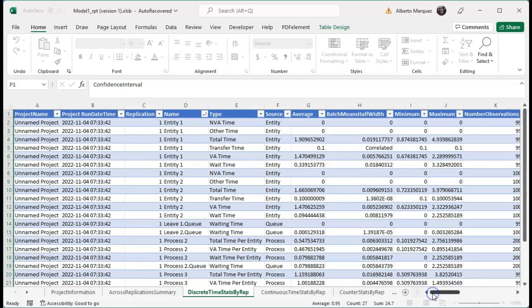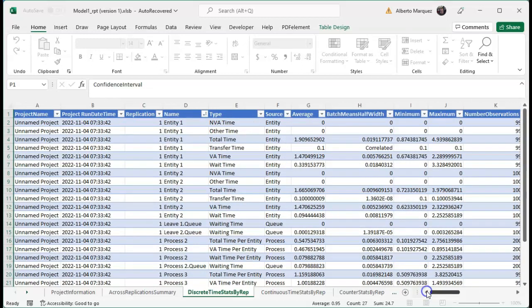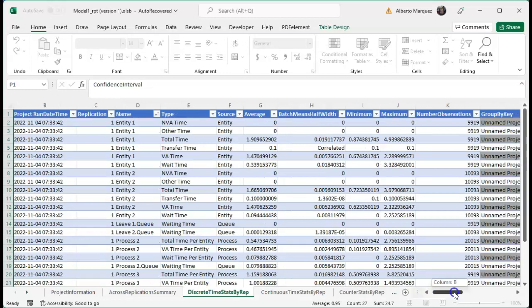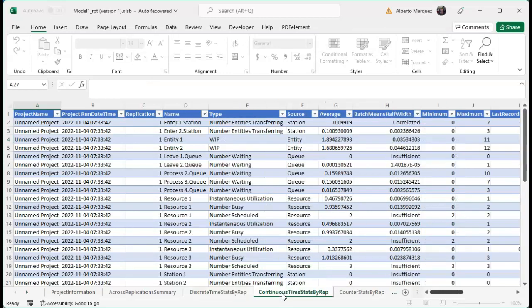There is an opportunity to change that number somewhere in the parameters when you run the program, but that would be a more advanced feature at this time. In any case, you can estimate the standard deviation because you have the half-width. All you have to do is take the half-width divided by 1.96, and that would give you the standard deviation of the sample for that particular variable. So what do we have in the next tab?